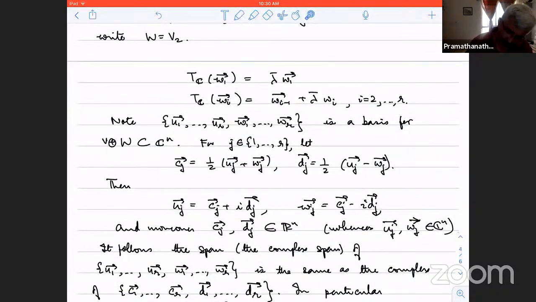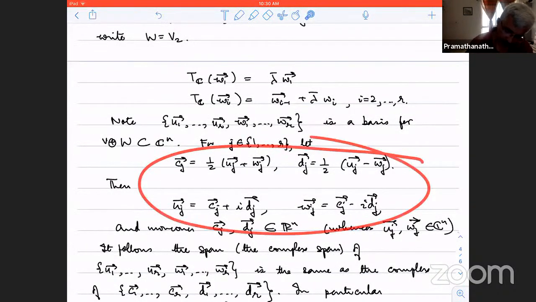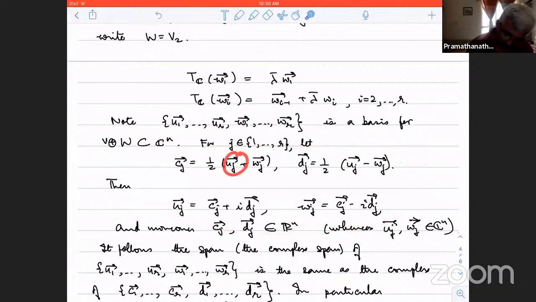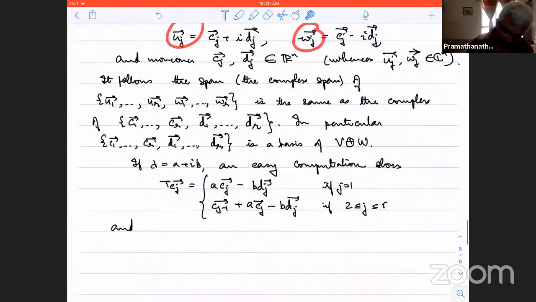If you know how T behaves on each one of these, you can work out how T behaves here.